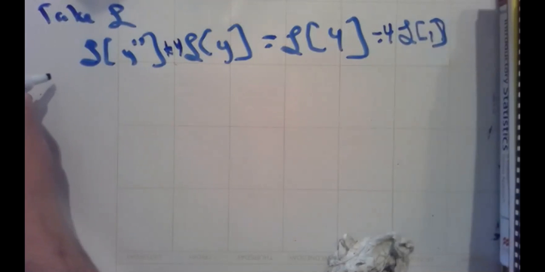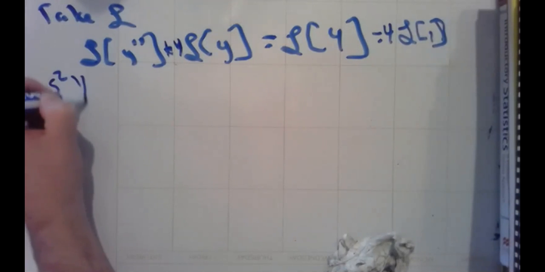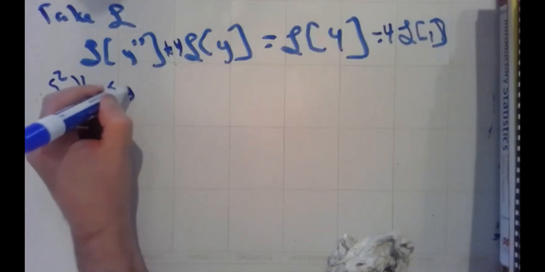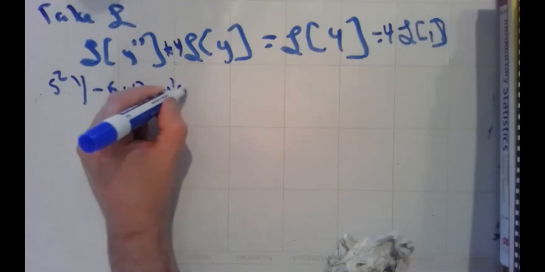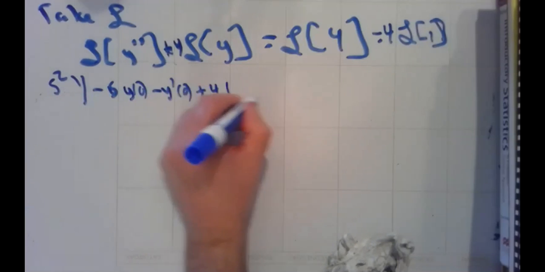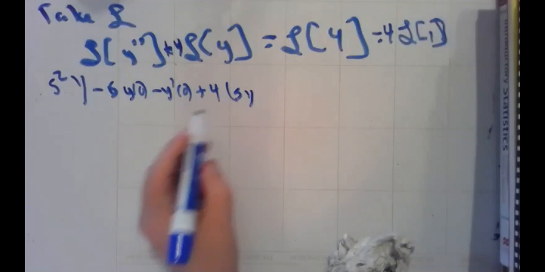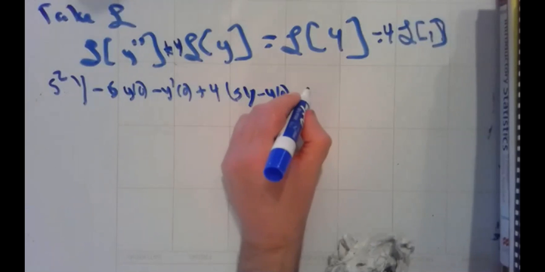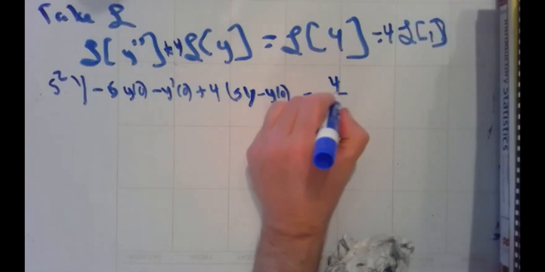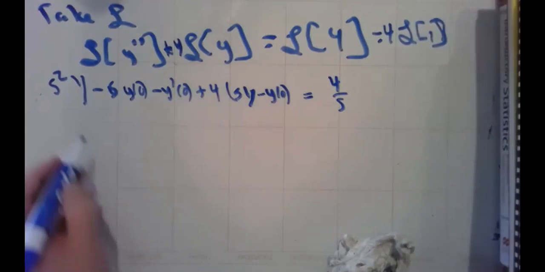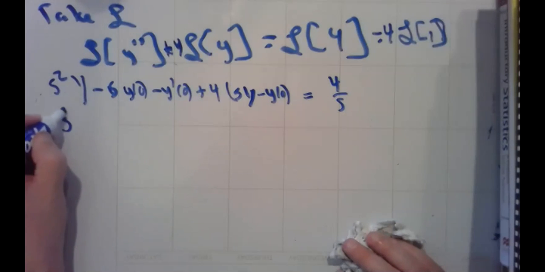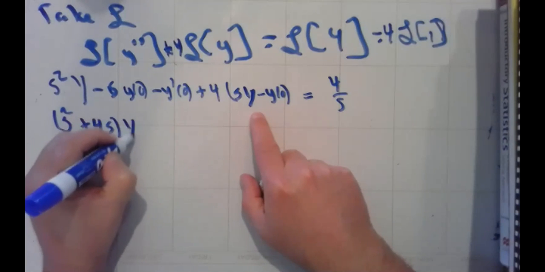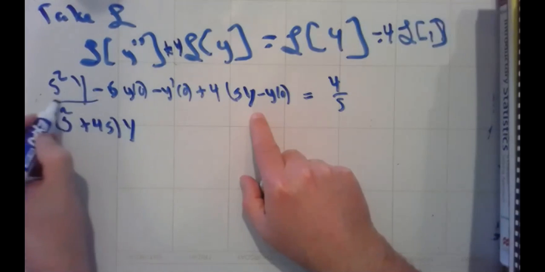All right, the Laplace transform of y double prime was s squared capital Y minus s times y of 0 minus y prime of 0, plus 4 times all this stuff, s capital Y minus y of 0. And that should be, again, over here, 4 over s. All right, so what do we have here? I've got (s squared plus 4s) times Y. Those are all my Y's.